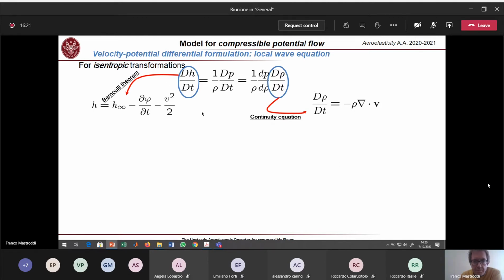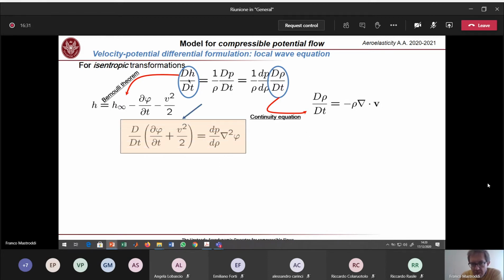So by using at the same time momentum and mass conservation based on the definition of the enthalpy, we obtain this equation here together. Okay, and here we have velocity potential because we have the velocity, so the velocity is the gradient of velocity potential, and we have this here.